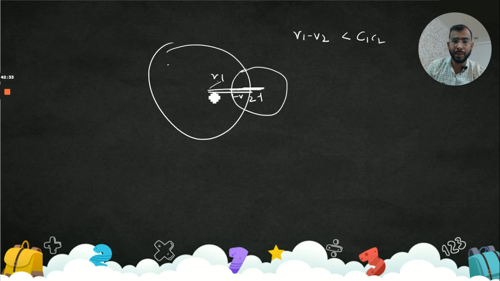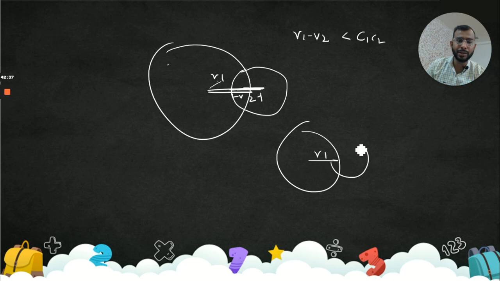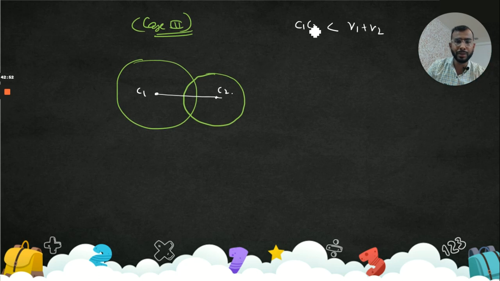For example, if this is R1 and this is another circle, with this center and this radius R2, and this is C1 C2. If R1 minus R2 is greater than C1 C2, what will happen? The circle would be inside, which we'll see later on. So it's very important to remember that C1 C2 is less than R1 plus R2 and it should be greater than modulus of R1 minus R2.